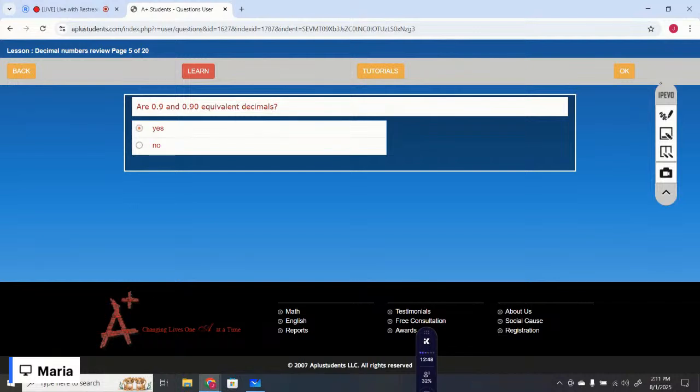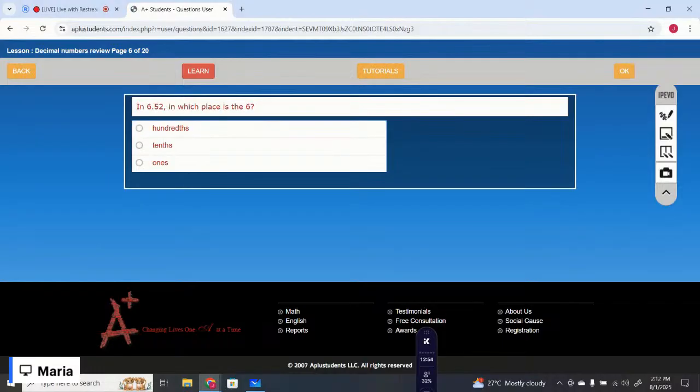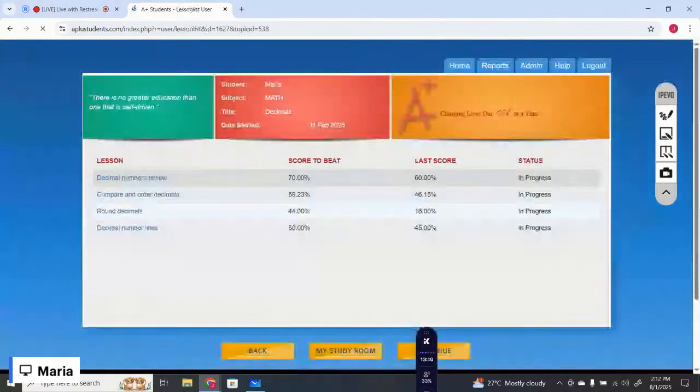Option number 1 is the correct option. In 6.52, in which place is the 6? So 6 is at the ones place. Option number 3 is the correct option. Okay, you can complete the lesson by yourself later today. Let me just move on to the next lesson.